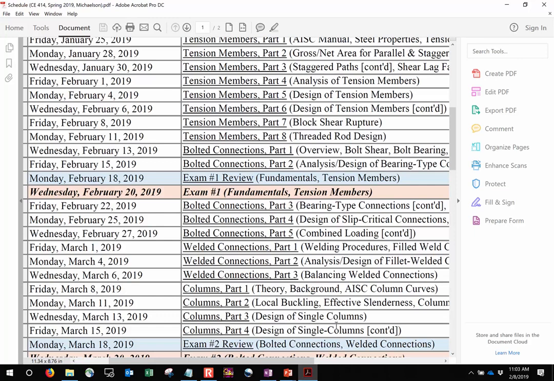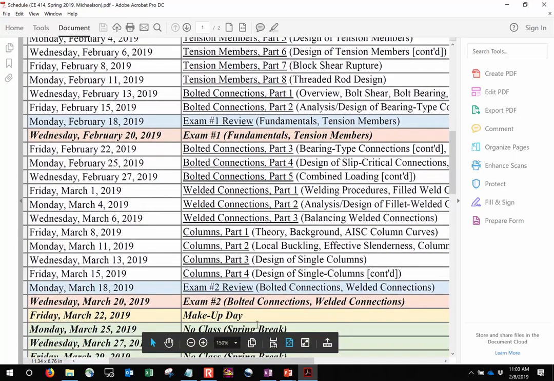And here's another thing. I don't know how it happened, but we're on schedule. It's because we're talking about block shear today. I don't know how that happened, with me having the flu and whatnot. But what that means is as long as we stay on schedule, that day before spring break will be a makeup day.